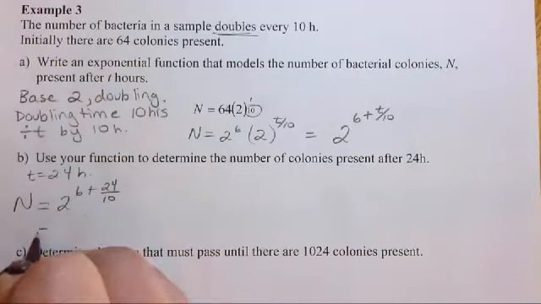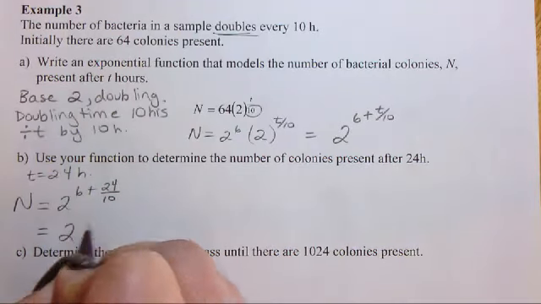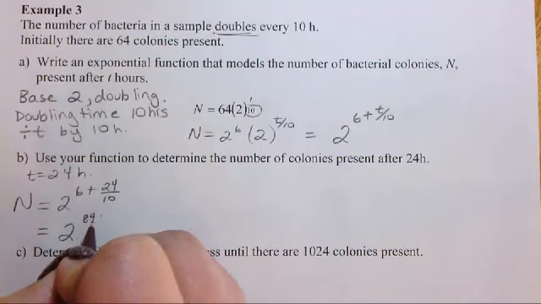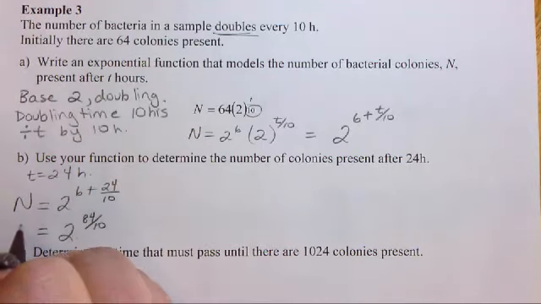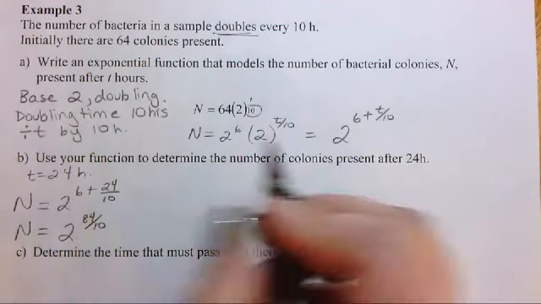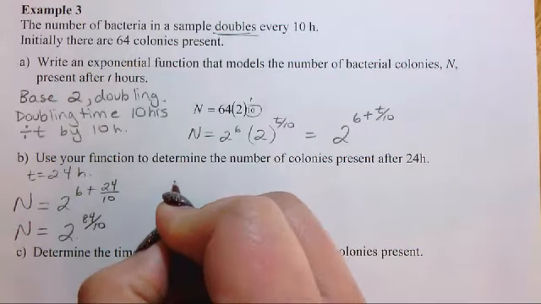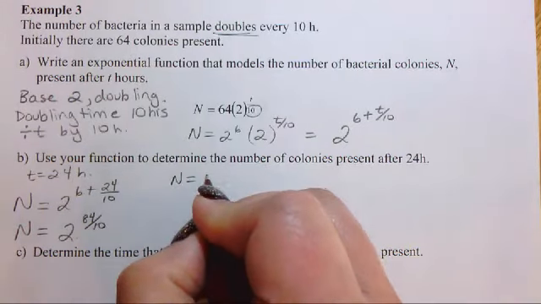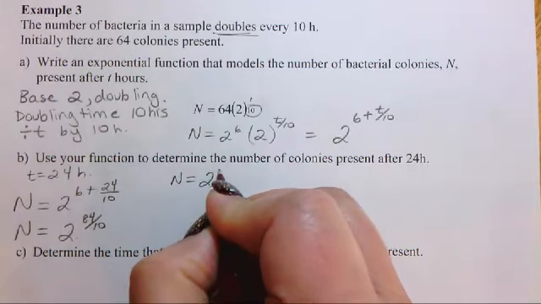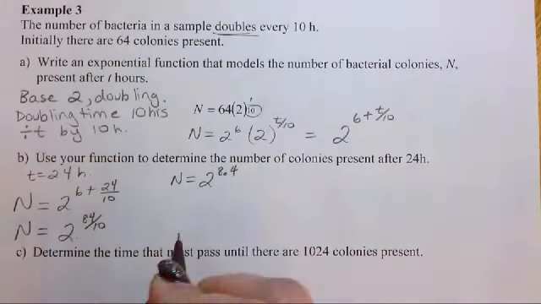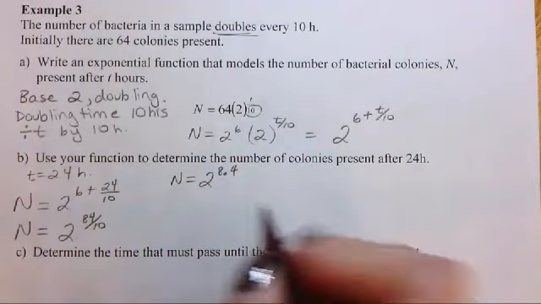We can simplify that to get 2 to the power of 84 over 10. Now let's make that into a decimal, and then we're going to estimate our answer. So n is equal to 2 to the power of 8.4.